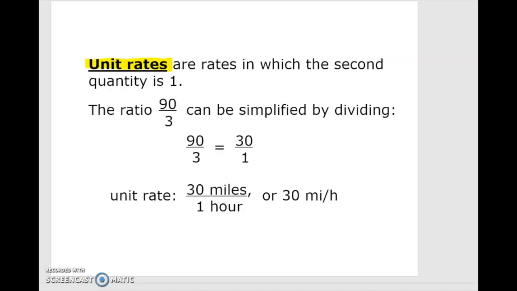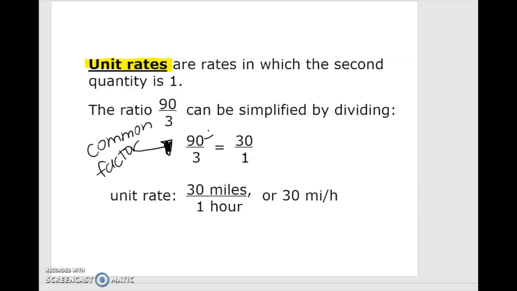Now, there's a couple different ways that we can go about reducing this. One is to think of it kind of like a fraction, although it is not a fraction. And we could be looking at common factors. So that's where we're thinking, okay, is there a number that we could divide 90 and 3 by?